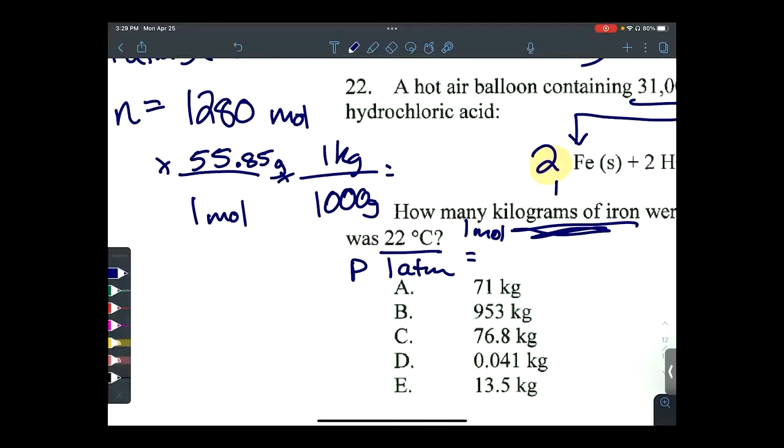So these conditions are really close to STP, just minus the temperature. That's why your answer is close. But if we deviate too much from standard conditions, then it'll be way off.